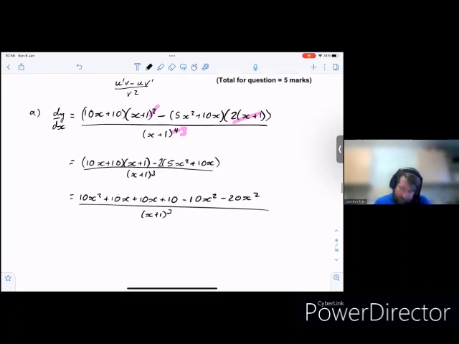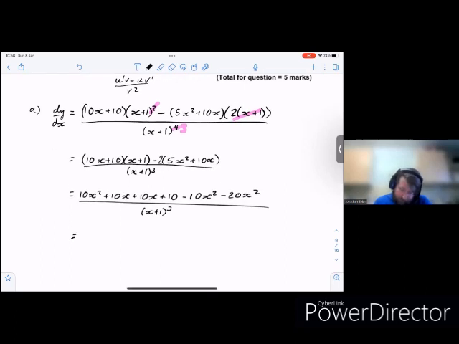All those terms on the top cancel out, so we are left with 10 on the top. All the x squareds cancel. That 10x squared cancels with that 10x squared. These 10xs cancel with 20x. Sorry, that's not 20x squared, that's 20x. And we're just left with 10.